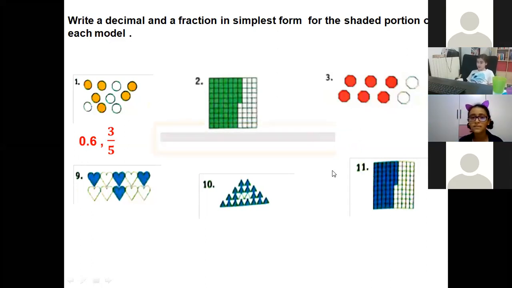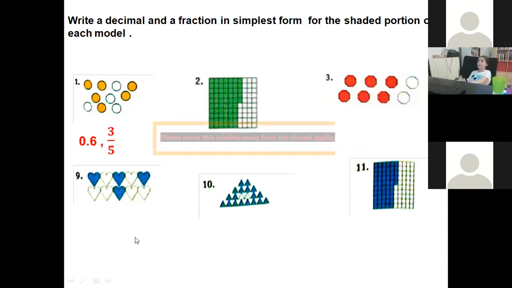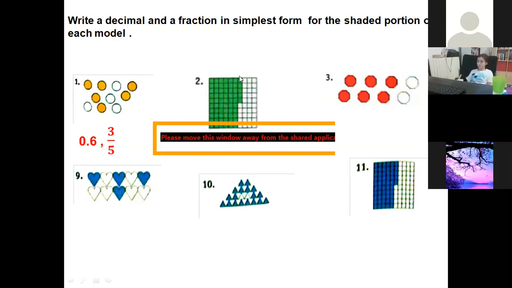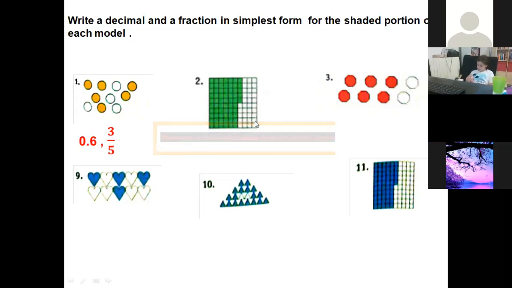Yes, please. Question 2. 65 out of 100. Yes, excellent. What is 65 out of 100 as a decimal?